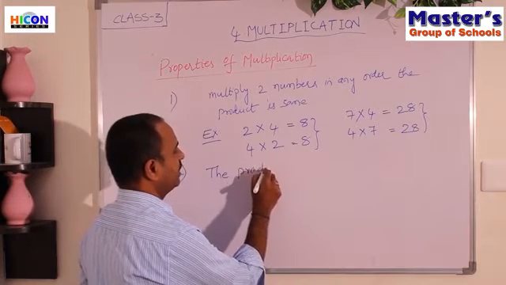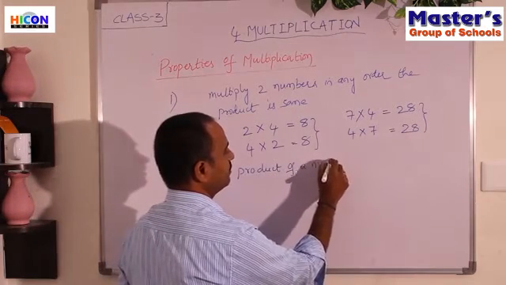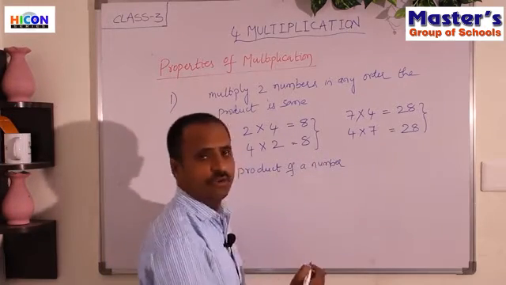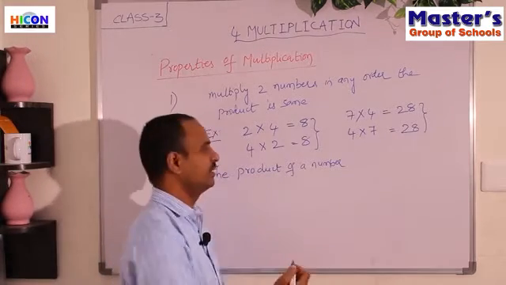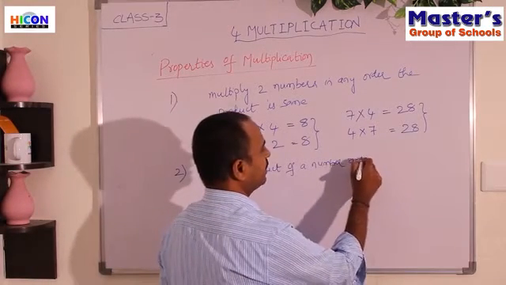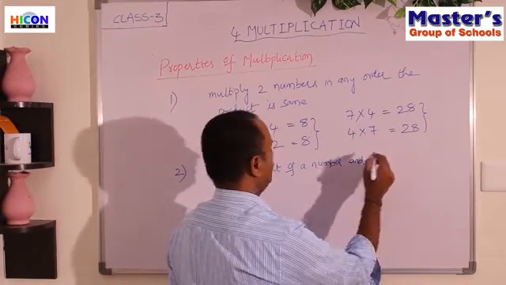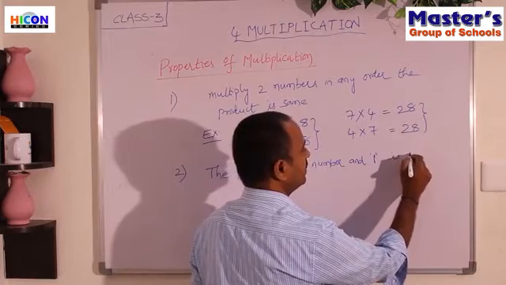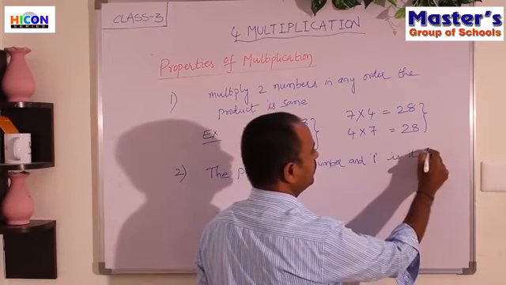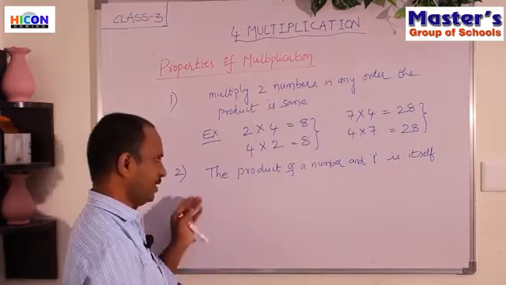The product of a number and 1. A number means any number. So if you take any number and multiply that number with 1, we will get the same number. The product of a number and 1 is itself. That means we will get the same number again. So this is the second property.